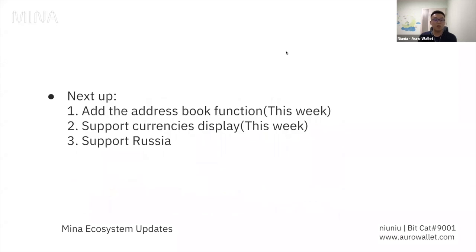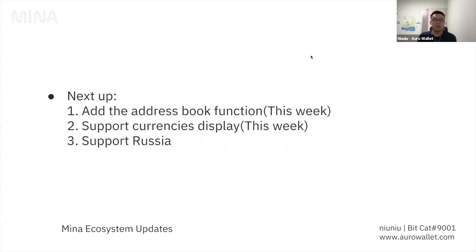Next, we will focus on two things and release a new version this week, maybe tomorrow. First, we will add an address book function to the wallet so that users can save common addresses. Second, we will display the currency in the wallet, supporting USD, CNY, and RUB.